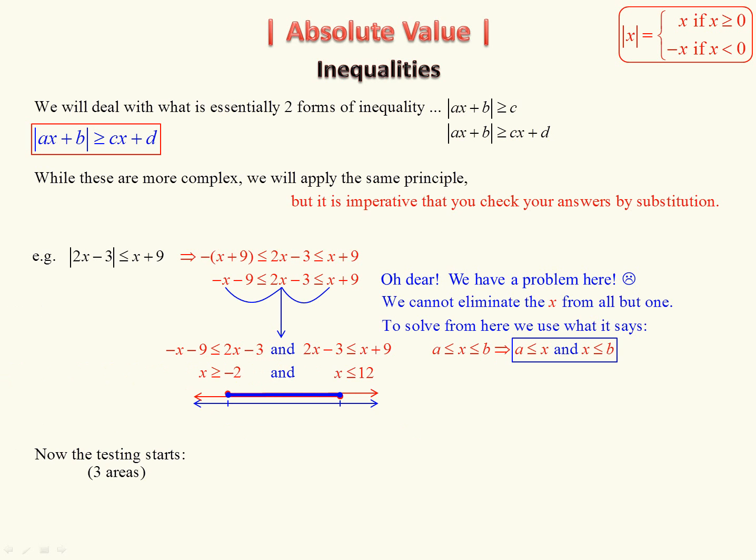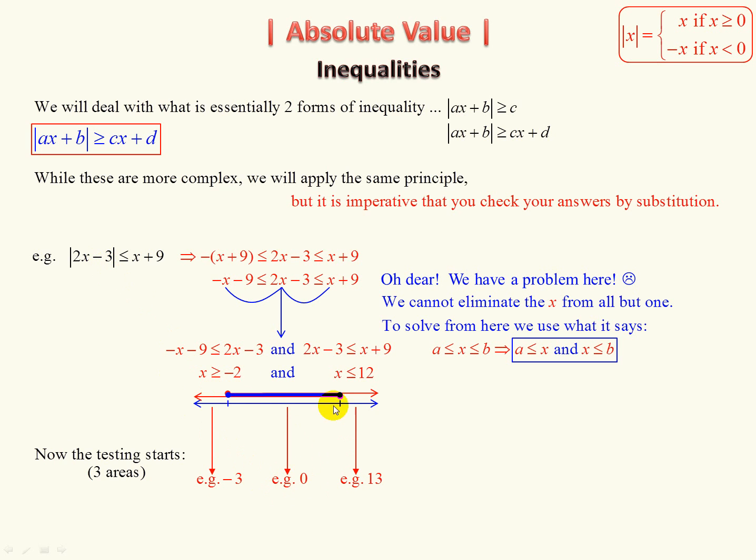We are going to test now. We're going to test less than -2, between the two, and after. We will test all three areas. We always do, because these have a funny habit of biting you in the foot just when you think that you've finished. I've said e.g. because that's -2, so I'm going to test -3 in the beginning.